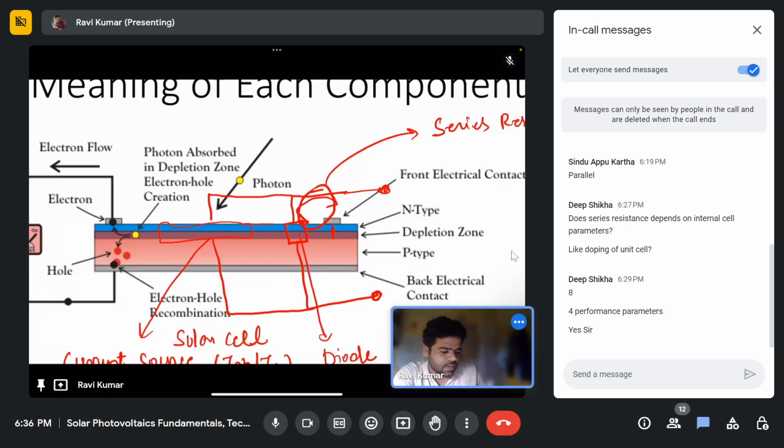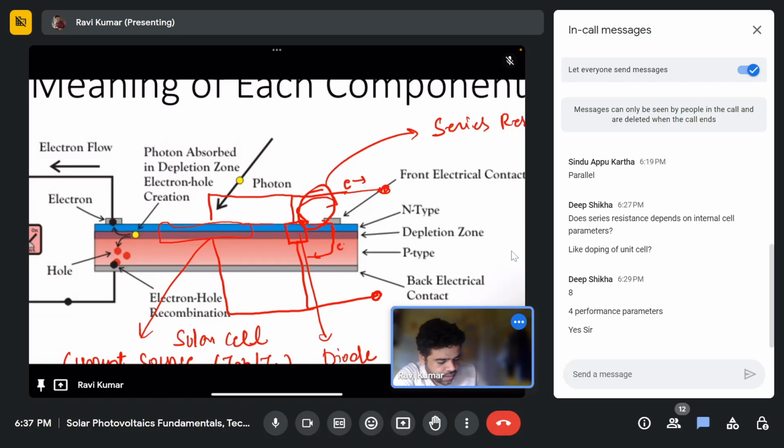So what will happen? The current generated here will go to this path and this will sink again here like this. So our electron which needs to go to the outer circuit will be sinking inside the solar cell itself, and it will recombine with the hole here.